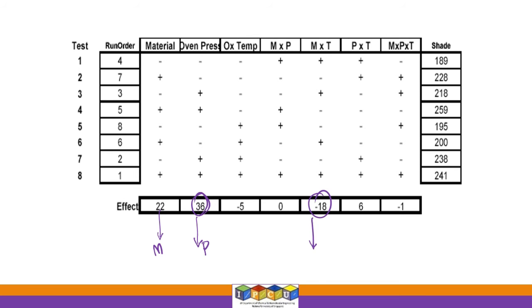Because material goes down and this is negative, I'll have to decrease this value so that M times T will be positive, because both are going in the negative direction. Positive multiplied by minus 18 will contribute a negative value to the shade readings. So what we will see is the shade reading will go down. So decrease M, P, and T.